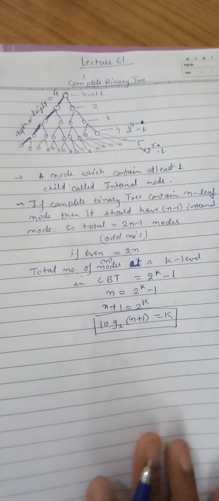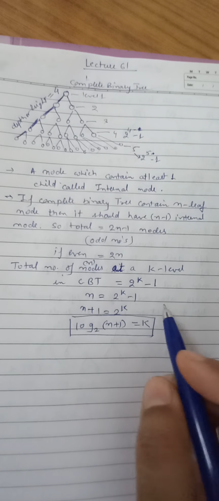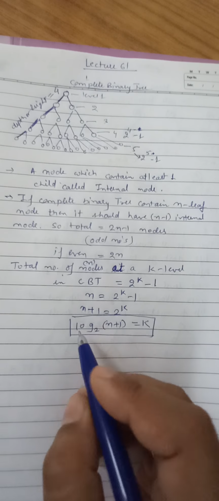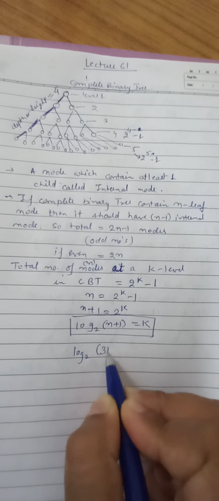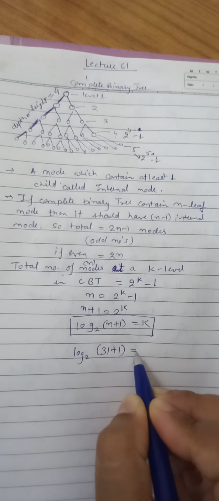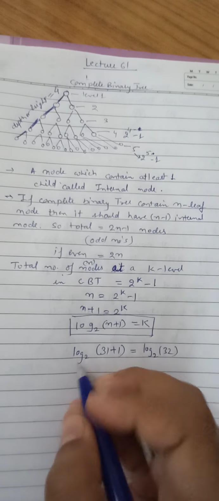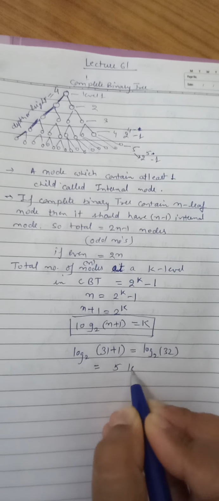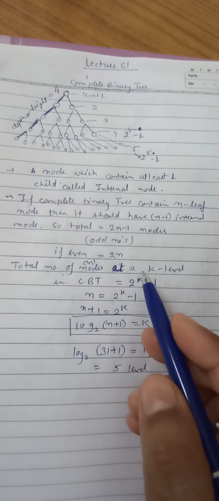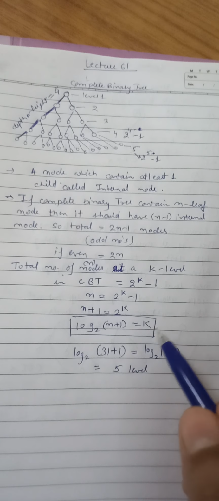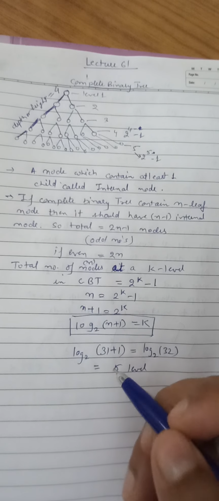So if fifth level, you can say 31 plus 1 is equal to 32, log base 2 of 32 equals the fifth level, or depth, we can say depth is 5.